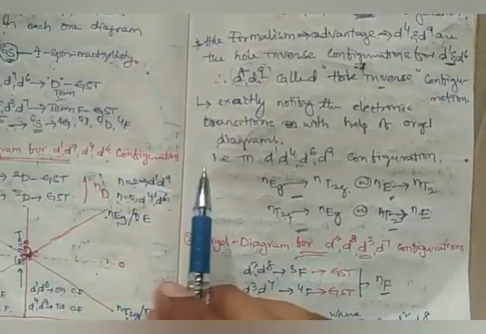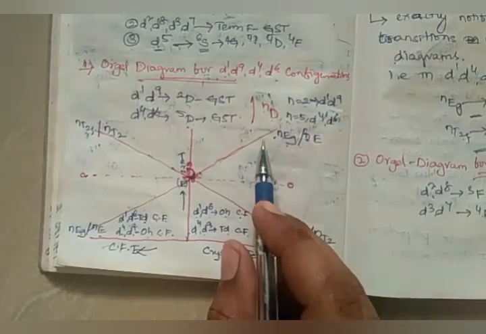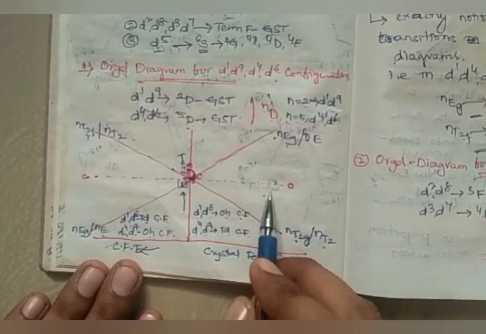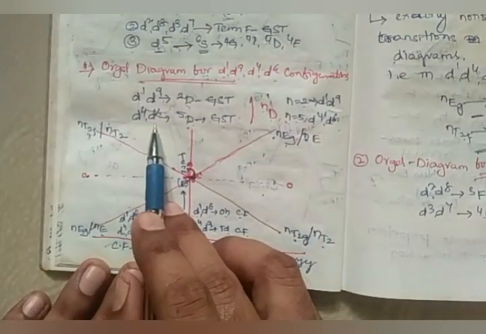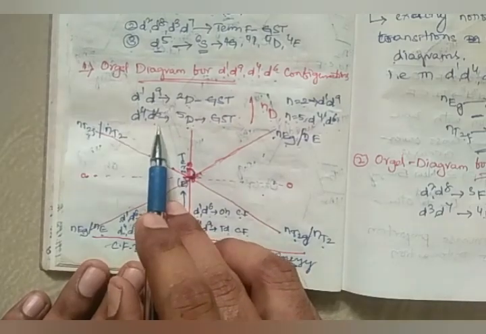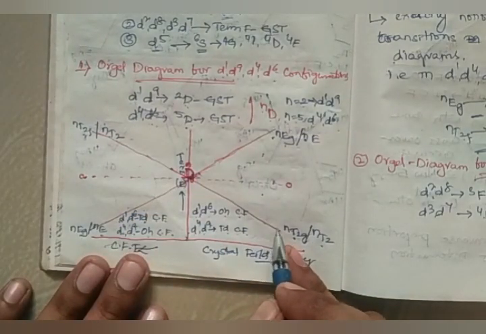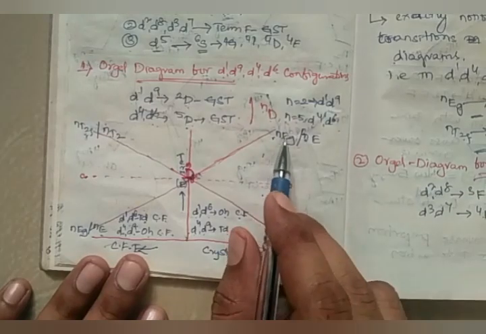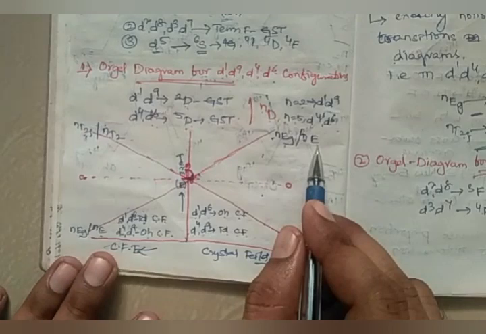And here, with the help of the Orgel diagram, we can propose the electron excitations in d1, d9, d4, d6 electronic configurations. The excitation may be from nT2g to nEg, or nT2 to nE.